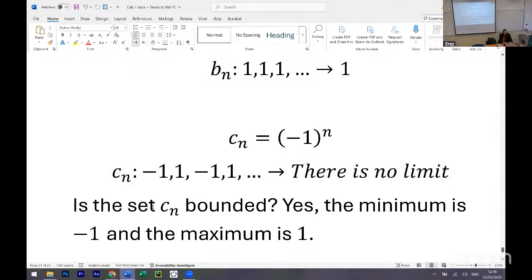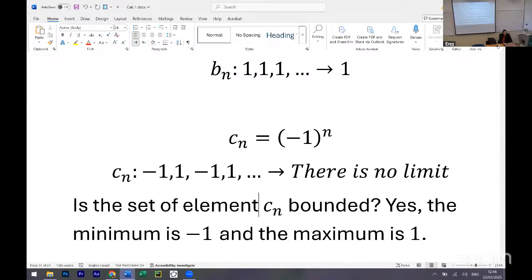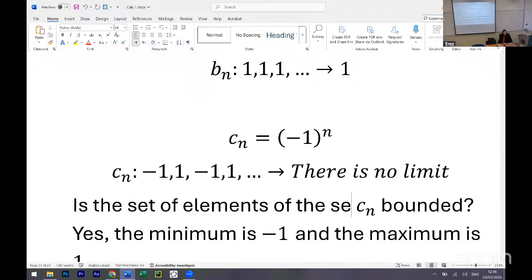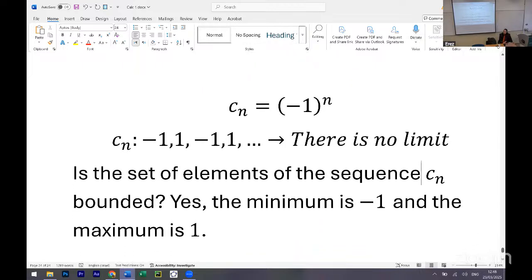I wish to elaborate on that. Is the set of elements of the sequence c_n bounded? Right, c_n is the sequence, an ordering of numbers, but if I take the set of elements, it's just the pair negative 1, 1, which are the minimum value and maximum value.